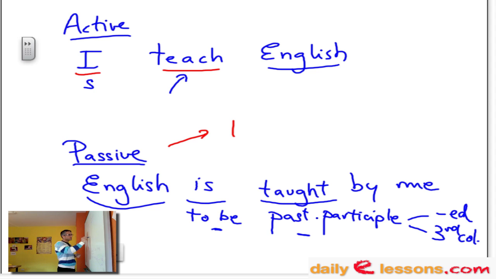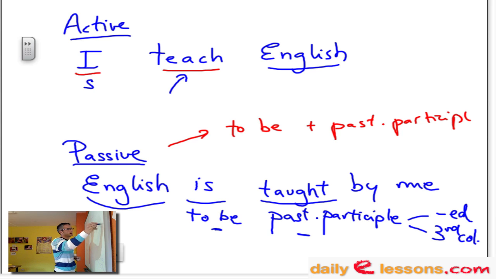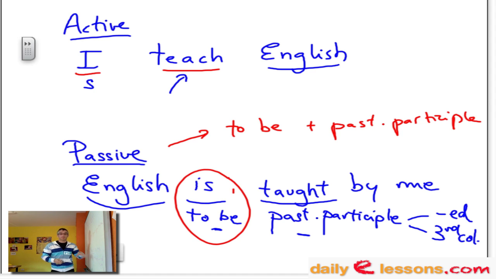We need the verb to be plus the past participle. So we've got the subject, the verb to be in the tense you like, no matter what tense you want. You can say it in present, past, or future. And then we have the past participle of the verb. If you want to add who does the action, let's say by. English is taught by me.